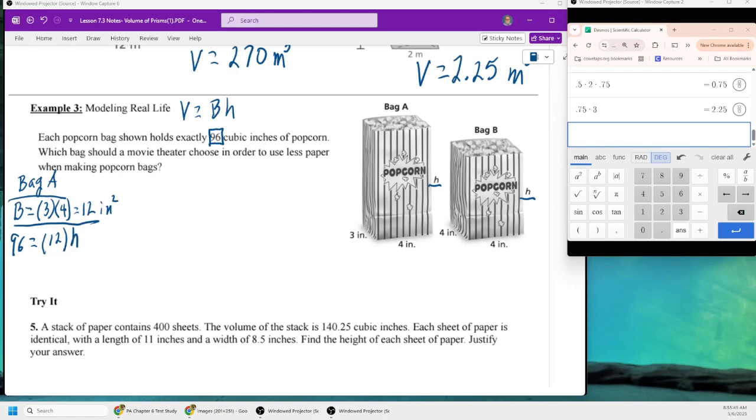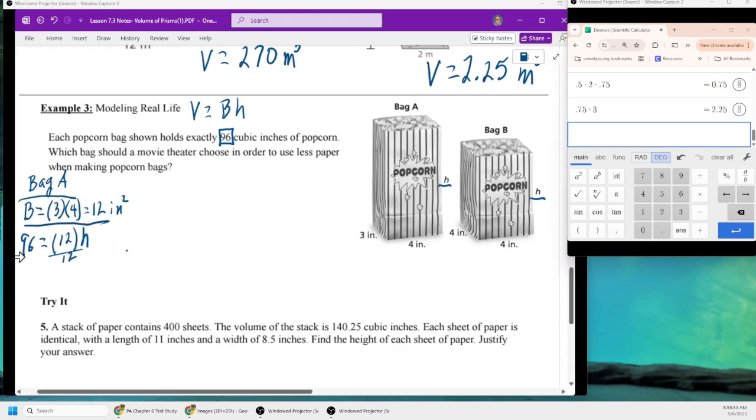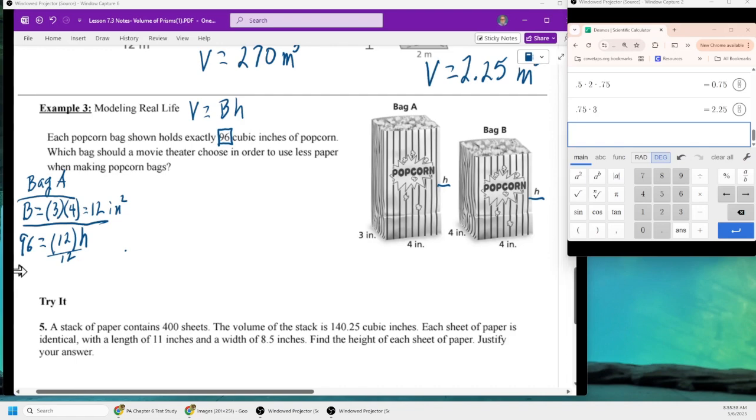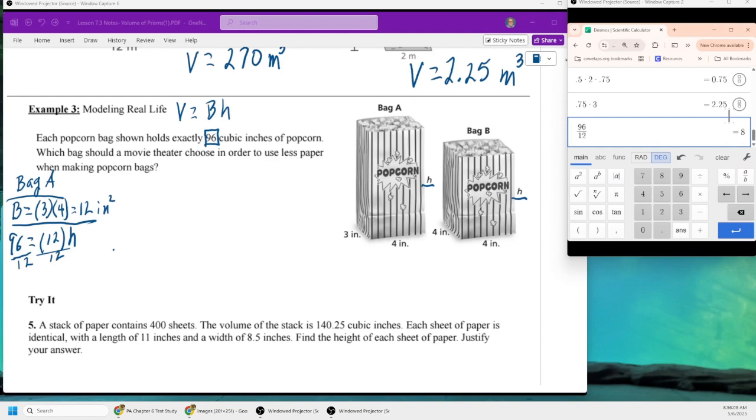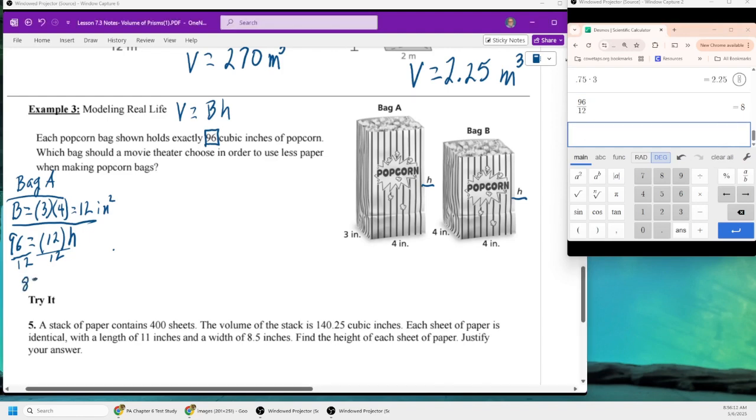So we need to divide right there, right? So we're going to divide by 12 on both sides. Right, so that's going to be 8. So the height of the first one is 8.